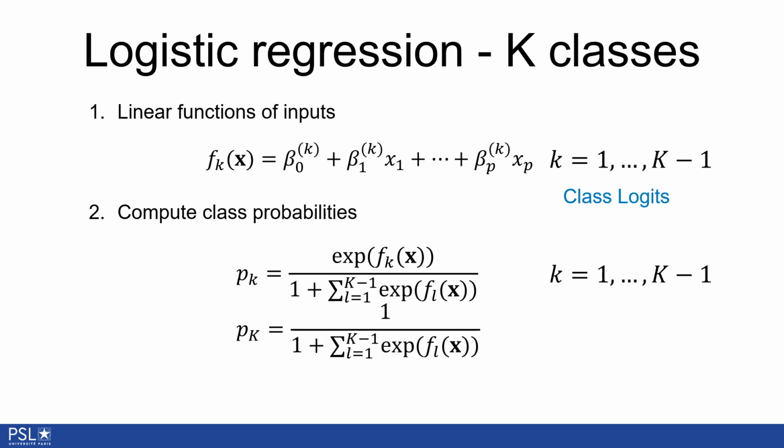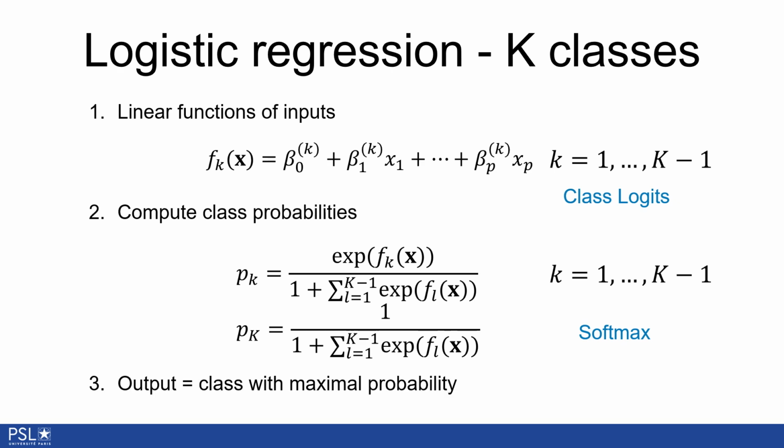For the last class, the capital K class, the probability is simply 1 over the normalization factor. This ensures that the probabilities of the capital K classes sum to 1. Altogether, this transformation from the f_k values to the output is called a softmax. The third and final step is to select the class with maximal probability as an output.